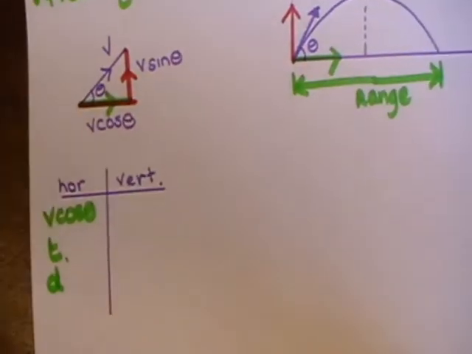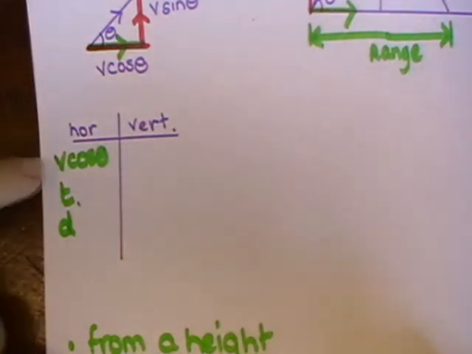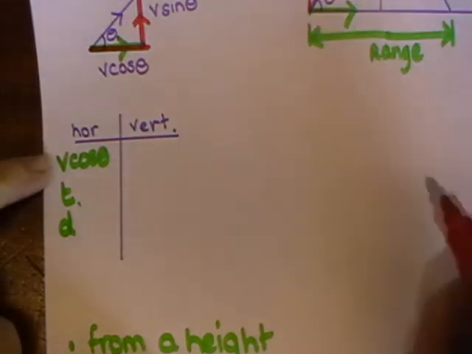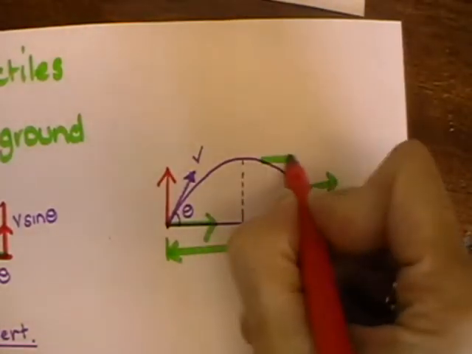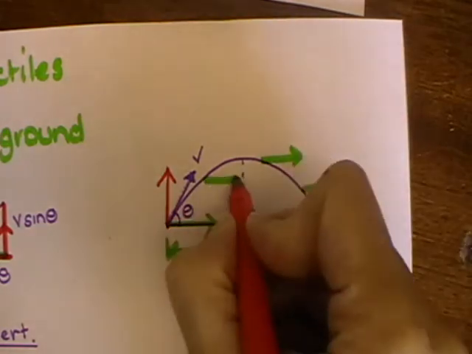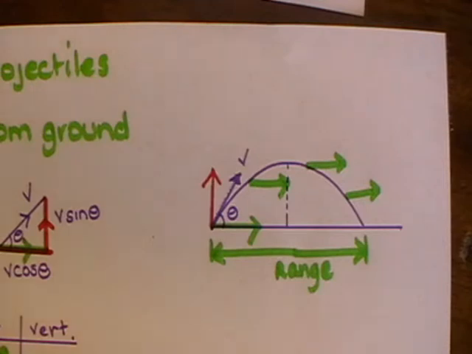And that's the only thing that I need to know about the horizontal motion. It's not affected by acceleration due to gravity, and therefore this velocity v cos theta should be the same at all parts of its motion. If you were to draw an arrow to represent that, you should be drawing the same length of arrow. And it's always pointing in the same direction. It always has the same size.